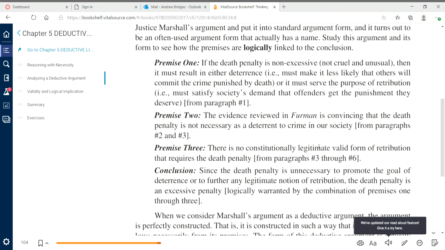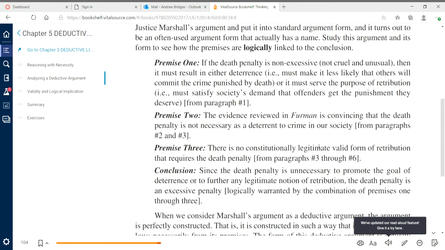So that's premise one. Premise two, the evidence reviewed in Furman is convincing that the death penalty is not necessary as a deterrent to crime in our society.